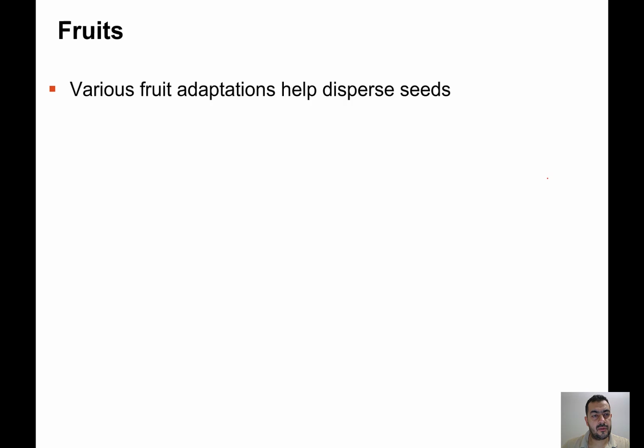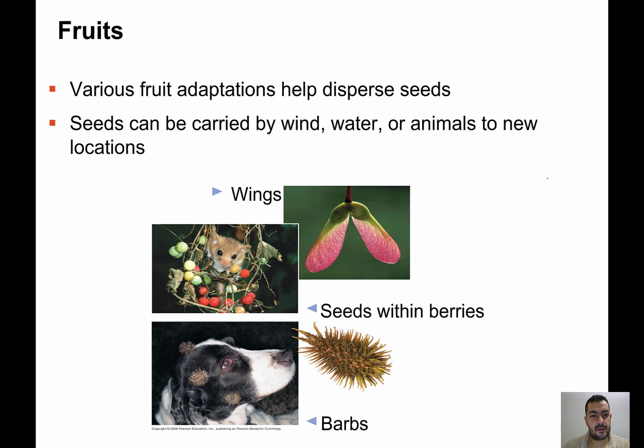So continuing on the topic of fruits, there are various adaptations that help the dispersal of seeds. For example, if we see this type of fruit, this is the type that usually comes to our mind. As we said, these fruits are fleshy, tasty, and sugar containing, so they attract animals to eat them, and once the animals eat them and move, they can disperse the seeds in other locations.